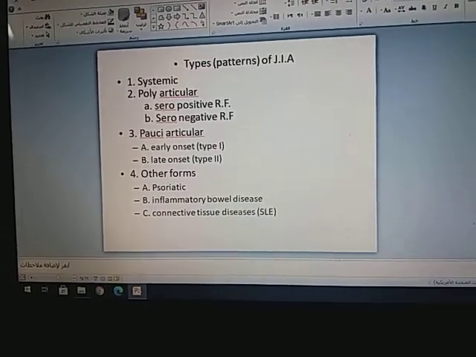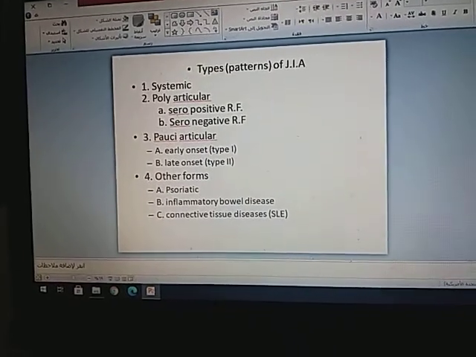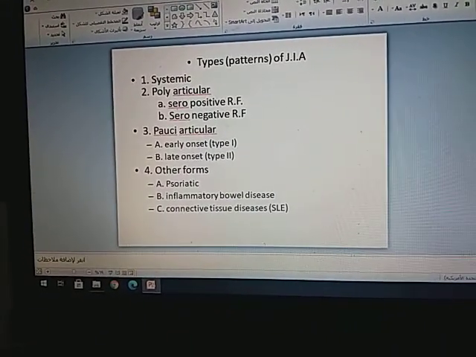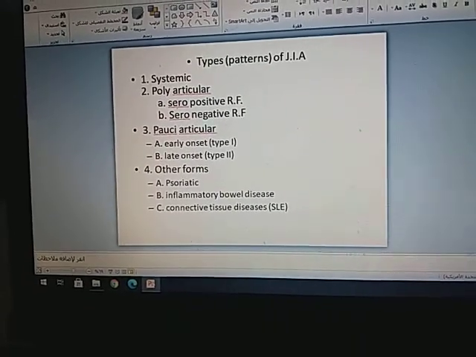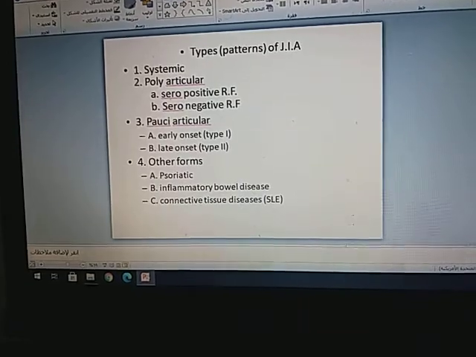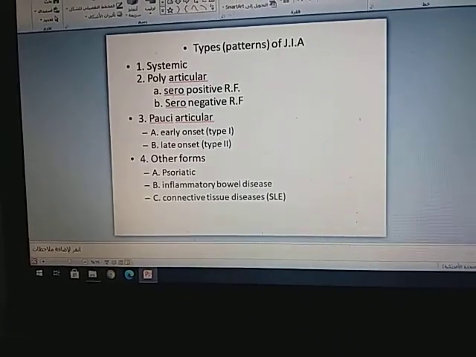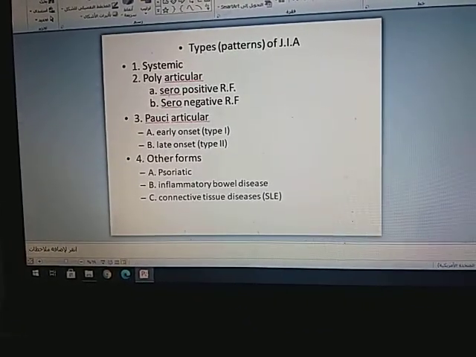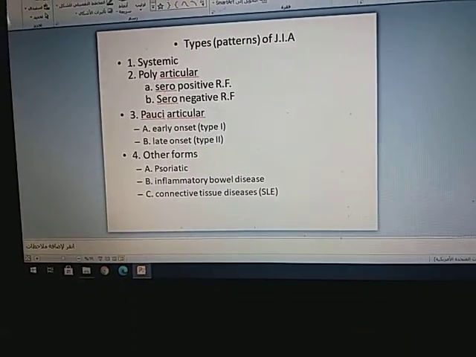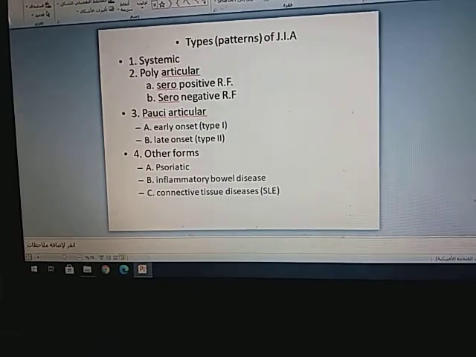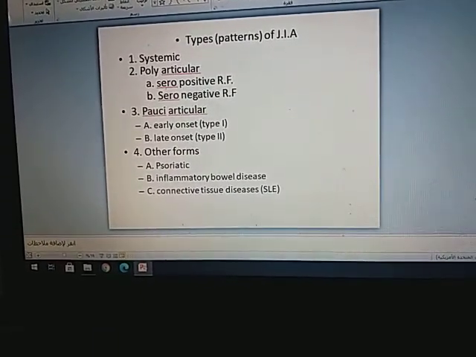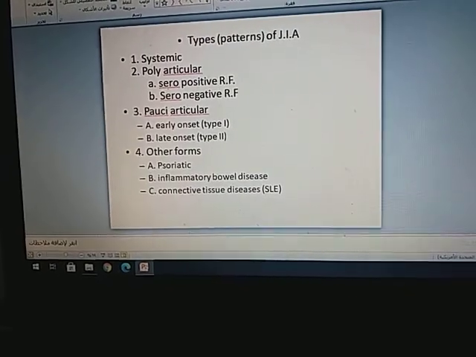Types or patterns of juvenile idiopathic arthritis. One, we have the systemic. Two, we have the polyarthritis or polyarticular, when you have 5 or more joints affected. This is divided into seropositive, rheumatoid factor positive polyarthritis, or seronegative polyarthritis.